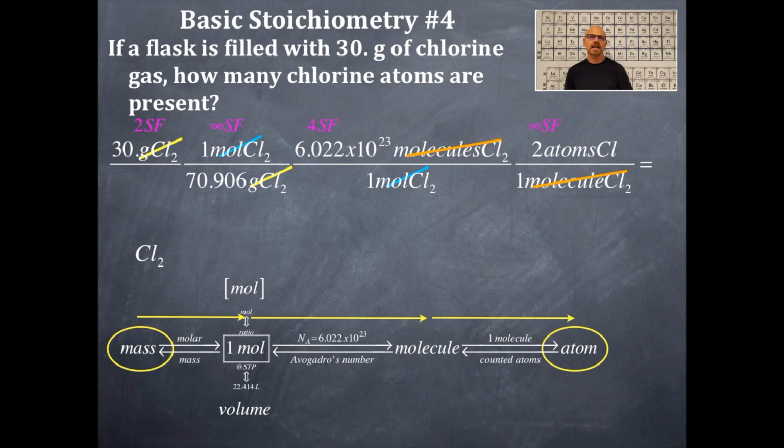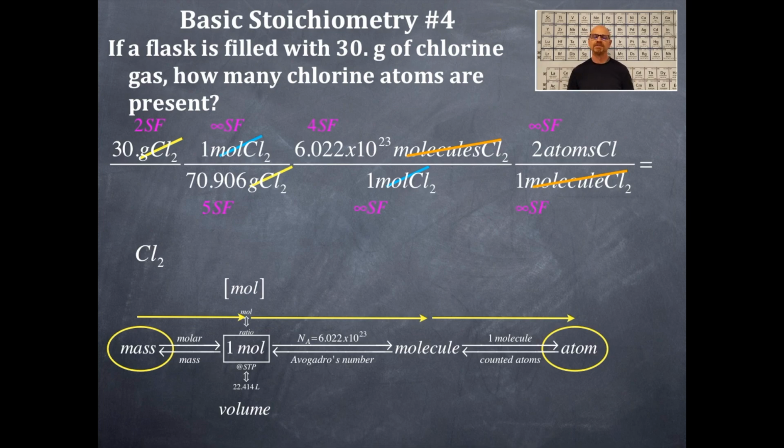The 70.906, the molar mass for chlorine, has 3 decimals. I multiplied it by 2 because there are 2 counting atoms of chlorine, but that has 5 significant figures in that number. Then in the denominator, there's 1 mole of chlorine, and that 1 in front of the chlorine is a definition, an infinite number of significant figures. Then the 1 molecule is actually counting, or a definition, however you use it, and that's also an infinite number of significant figures.